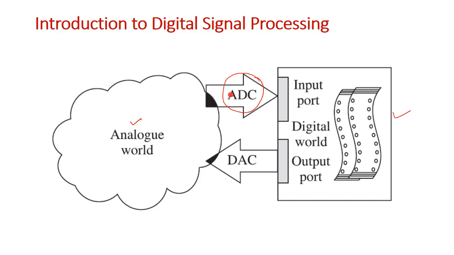Whatever signal comes is converted to digital form and sent to the digital processor, and similarly the output is converted to an analog signal using the DAC, digital to analog converter, and it is fed to the analog world, right.